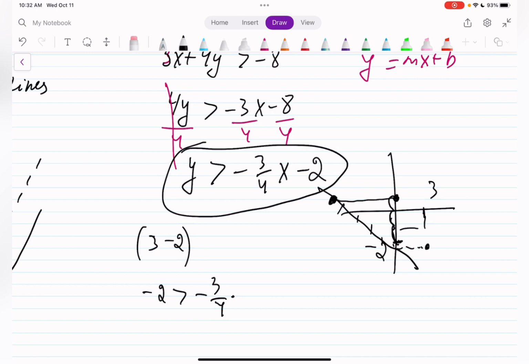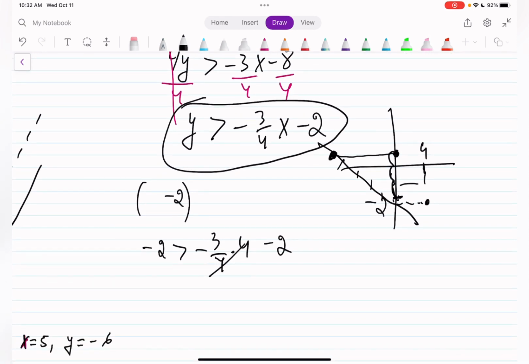Let me take 4 so it will cancel. I'll take 4. Any point you can take. 4 and minus 2. This is gone. And it's going to be negative 2 greater than negative 5, which is true, which means we are going to shade this side.